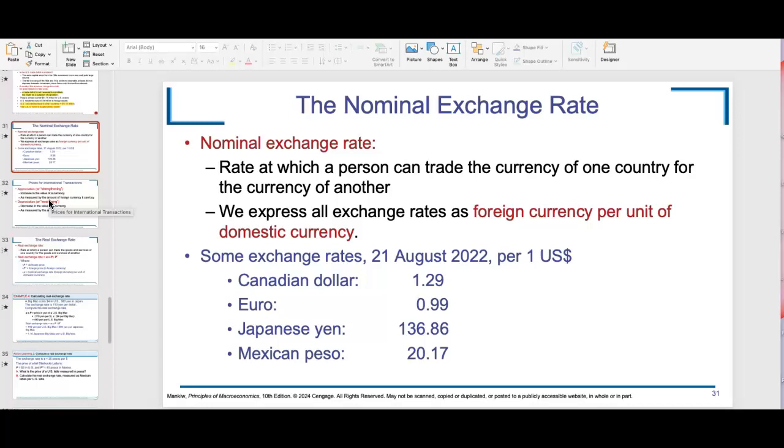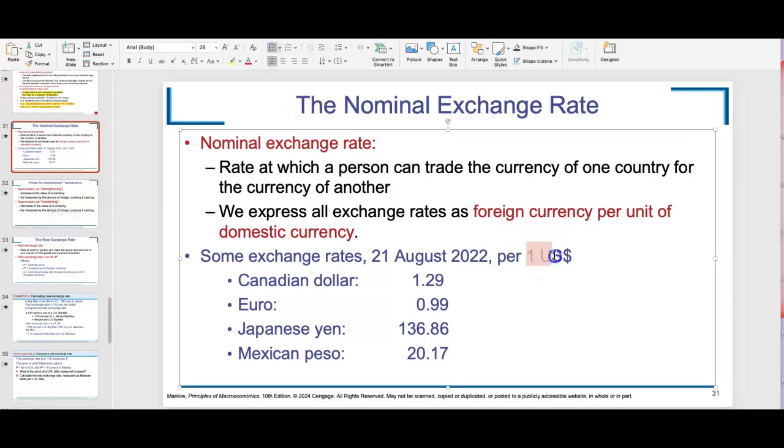And you can then compare it to the real exchange rate, because the real exchange rate takes this nominal exchange rate as it is and then compares it to the price level. Because we can't really know what the purchasing power of this dollar is. If I change a dollar and I have 1.29 Canadian dollars and I go to Canada, what can I buy with that dollar in the US?